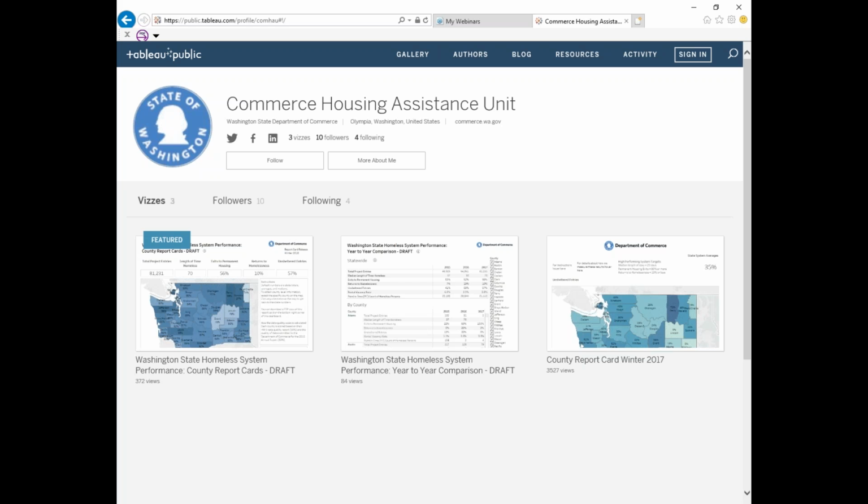So we'll do a rapid rehousing dashboard where you can drill down to the rapid rehousing programs in your community and look at their performance data. We'll also include just more general information like the number of people entered, the number of people served, the number of people exited, and the performance measures that make sense with a rapid rehousing program.